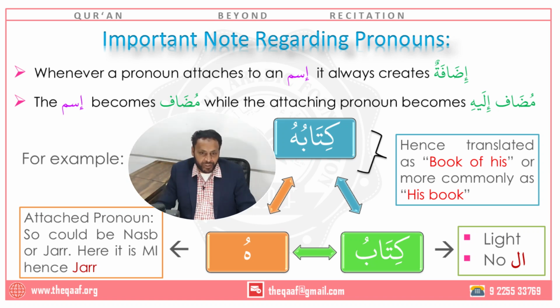Kitabu is mudaf and hu is the attached pronoun. As I told you, it could be nasb or jar, it is jar here. How do we translate this? We should translate it like book of his. But in proper English, we don't say book of his, we say his book. That's why kitabuhu is translated as his book.